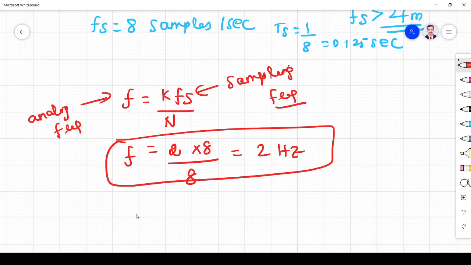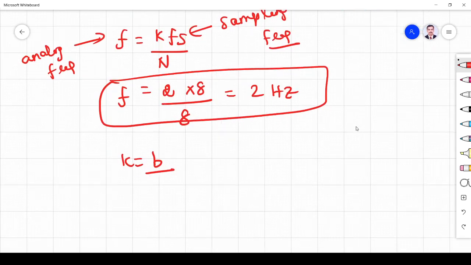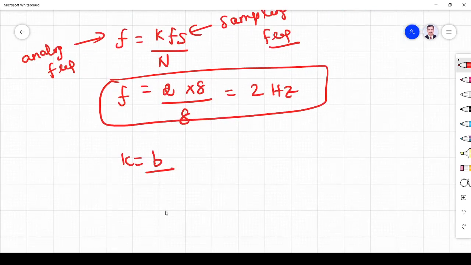There will be another peak at k is equal to 6. That is the reverse, negative frequency as per the Fourier transform. We know the Fourier transform will produce negative frequency.